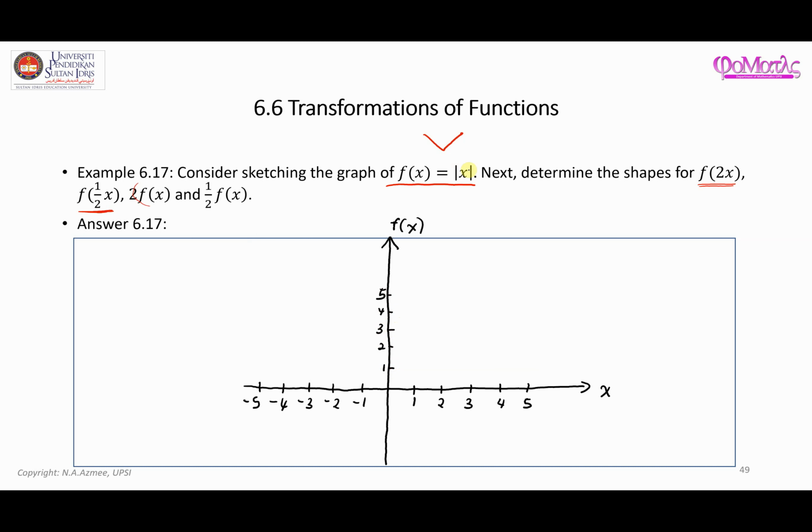When you have this function, it is telling you that whatever value of x you plug into this function, the function will return the same value as x, except that the function makes it positive. So for example, if x is 1, you will get 1. x is 2, you will get 2. -1, you will get 1, you make it positive. -2, you will get 2, and so on.